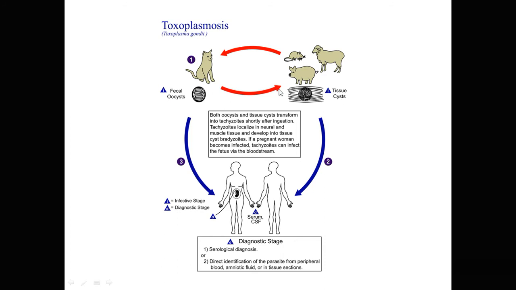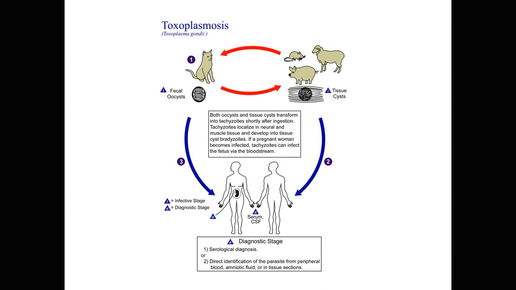In the animals, the cysts move to the blood and can move to the different tissues, and then in the tissues they turn into tissue cysts. Similarly, humans can be affected, especially the people who have cats and are cleaning the cat litter.